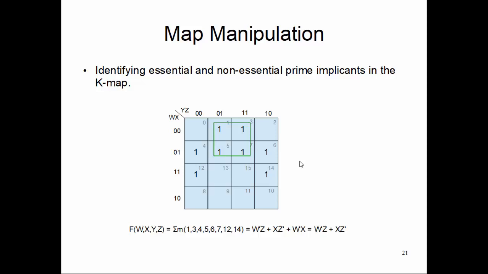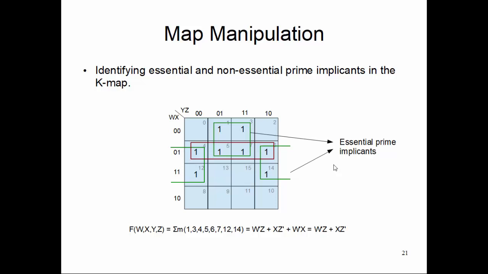Let's say we can make a maximal group of 1, 3, 5, 7, and we can group 4, 12, 6, 14. And let's make another possible group, 4, 5, 7, 6. With that, this green group, we are saying, is the essential prime implicant.